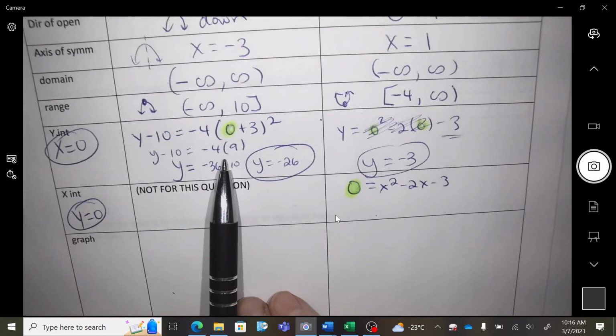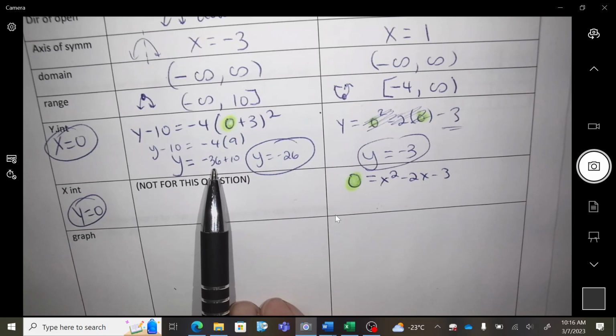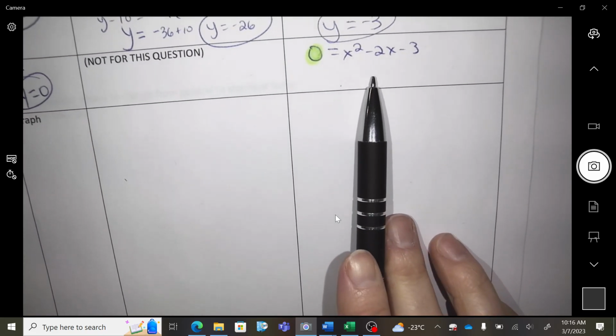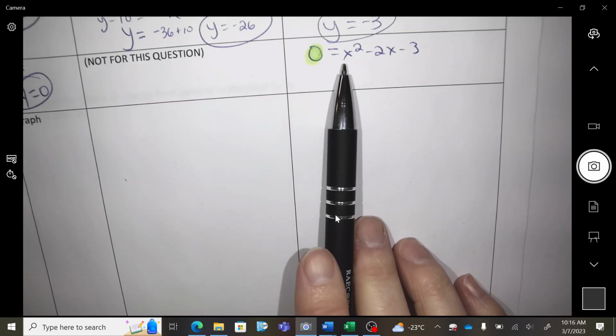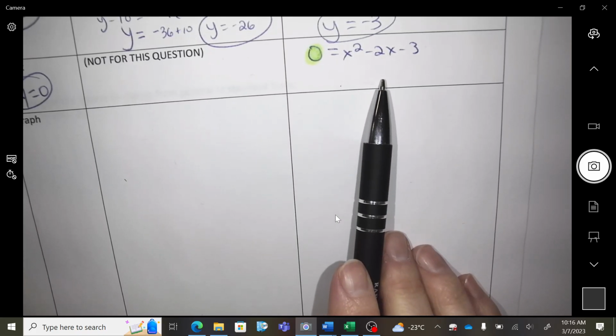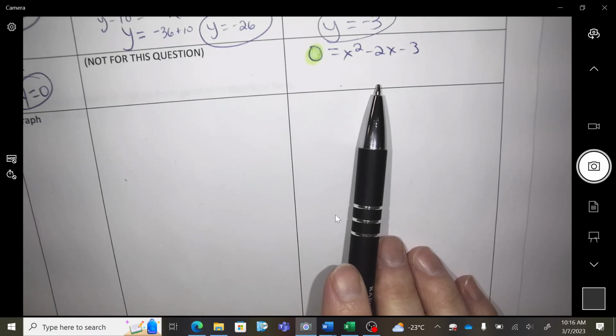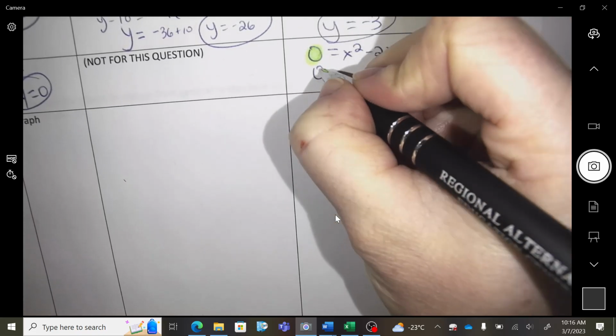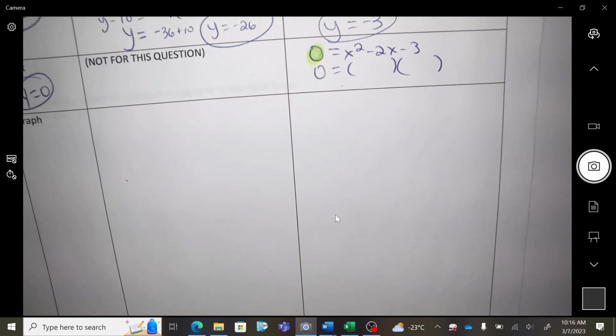So this math would have just been isolate. That's what this is called, just get it alone. I can't do that kind of math here because I can't isolate x squareds and x's. There's too much going on. Who remembers the strategy? Factor, yep. Factor, so this is a simple trinomial.